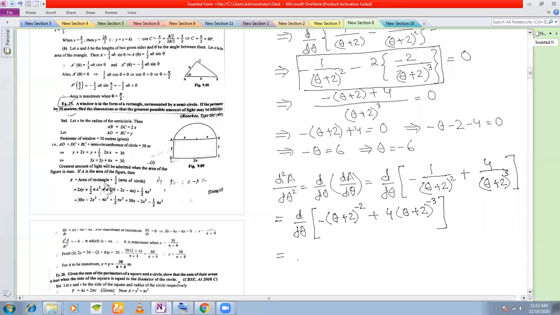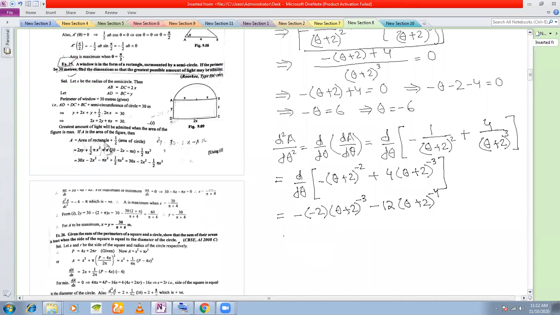Minus of minus 2 into theta plus 2 to the power of minus 3, and this is minus 12, 4 into 3, 12, theta plus 2 whole to the power of minus 4. Okay, this is what you get, the value of d2A by d theta 2. So you get 2 theta plus 2 to the power of minus 3 minus 12 theta plus 2 to the power of minus 4.